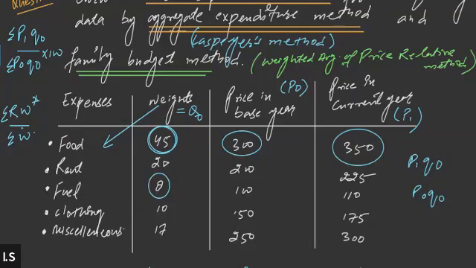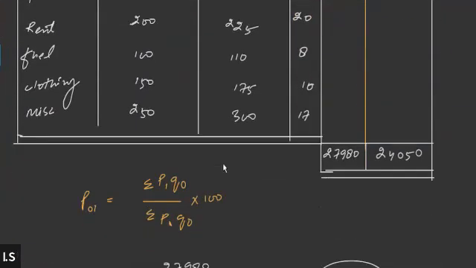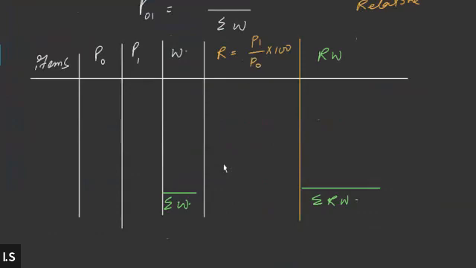In order to find the index number by family budget method, we need R. R means price relative. I think you already know how to calculate R: we divide P1 by P0 into 100 for every item. Let me show you. Okay.